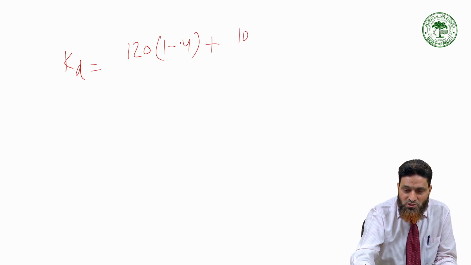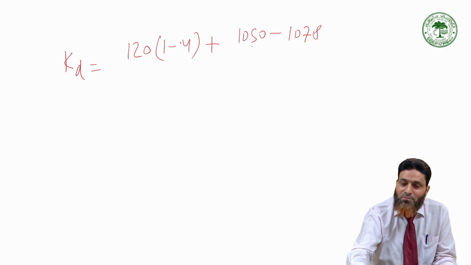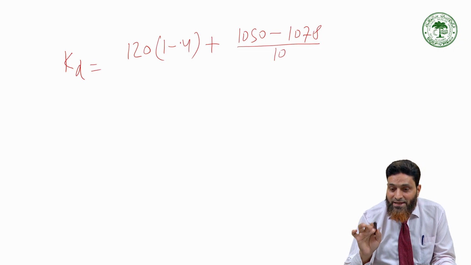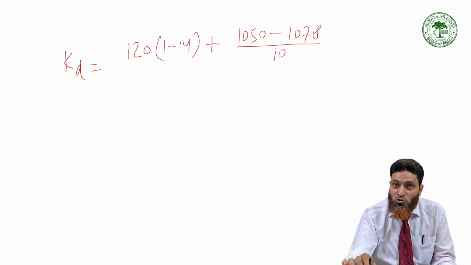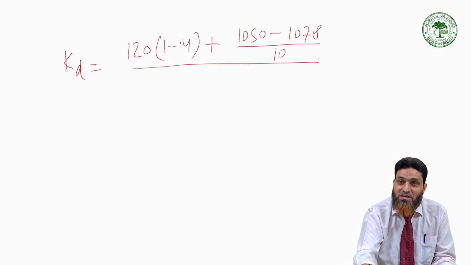Maturity value is 1050, net proceed 1078. Actually, we repaid a lesser amount and we received more. So there's a gain, so there will be a reduction in the cost. This is the 22 rupees gain, over how many years? This debenture was issued for 10 years. So the company gains 22 rupees in 10 years. If you divide by 10, 2.2 is the gain. Divide by the average of both maturity value and net proceed.